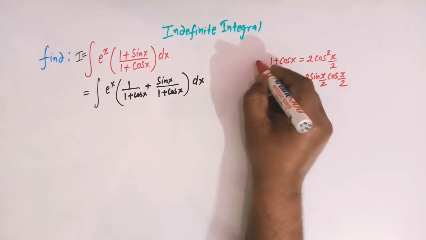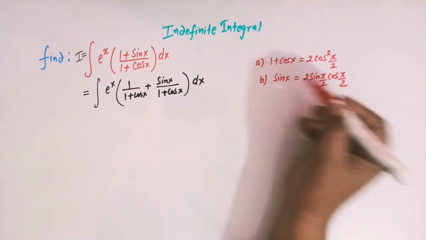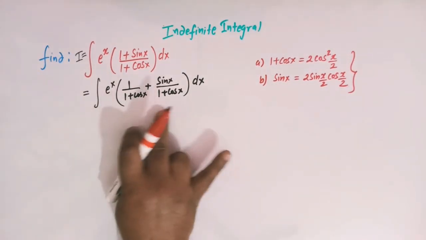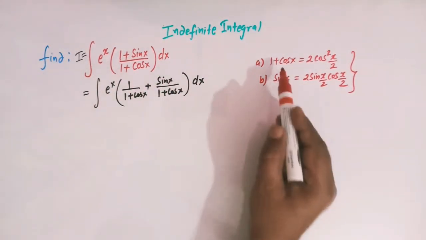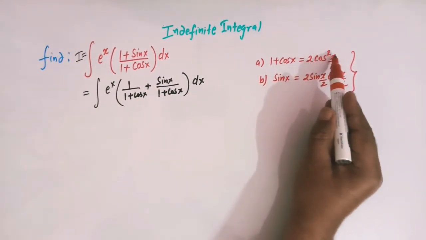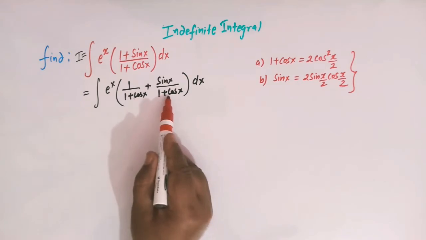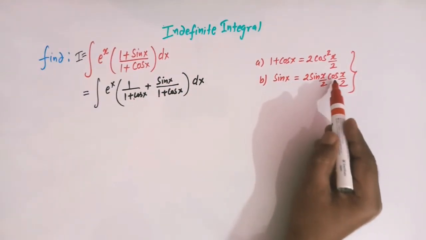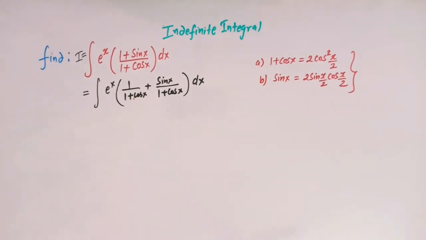We'll now substitute 1 plus cos x equal to 2 cos square x over 2 in both places, and for sin x we can write 2 sin x over 2 cos x over 2.